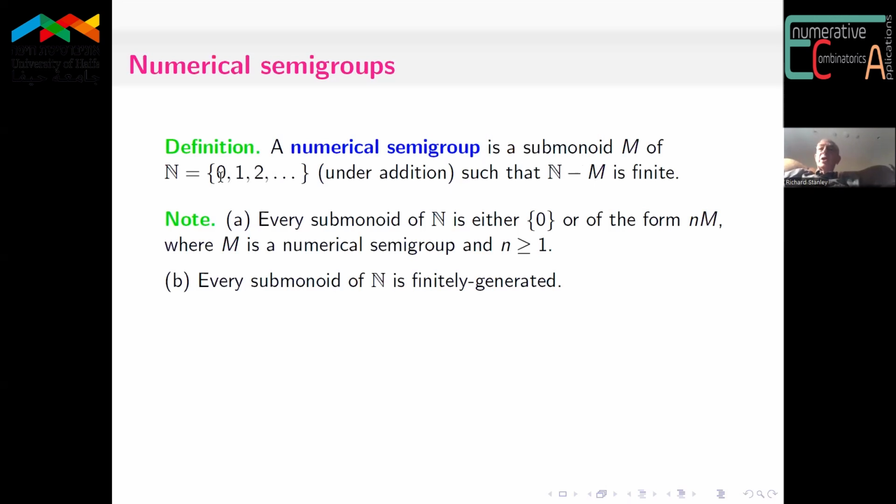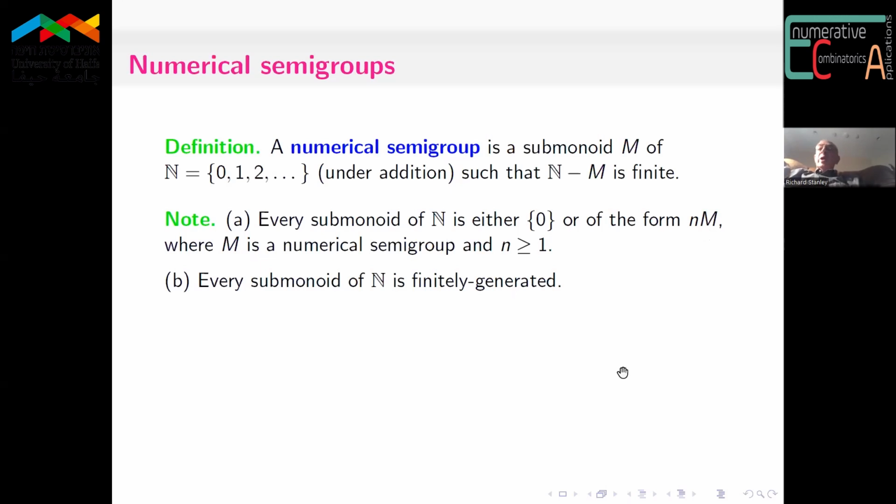Well, it contains 0, because a monoid has an identity element. Well, it's well known that every submonoid of the non-negative integers is either 0 or a positive multiple of a numerical semigroup. We can just divide all the elements by the GCD and get a numerical semigroup.